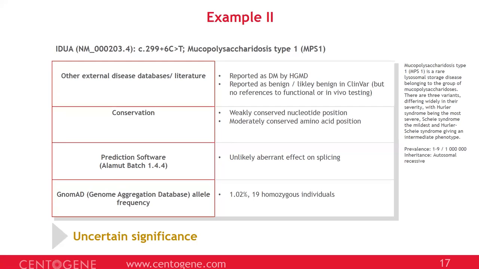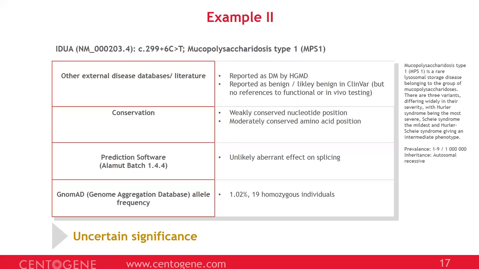Initially, the variant was published as a disease-causing mutation by HGMD. It was then reported as benign or likely benign in ClinVar, but with no evidence or explanation why.